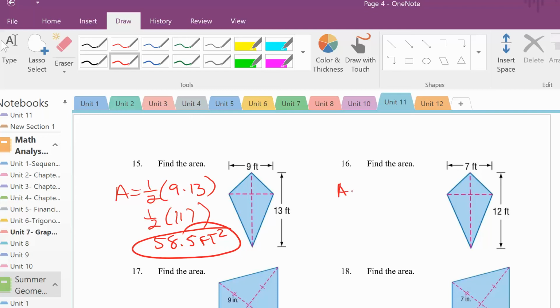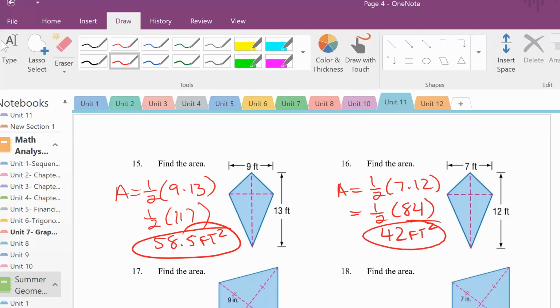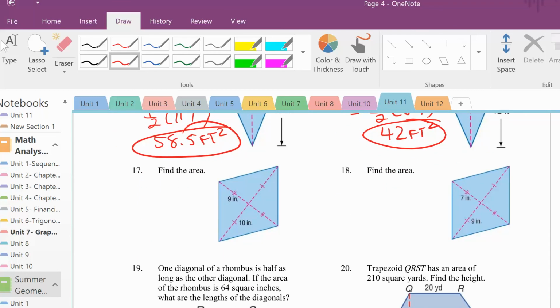The next one, the area is 1/2 of 7 times 12. So it's 1/2 of 84, which is 42 square feet. Here it says find the area. Now this is a parallelogram. Or sorry, this is a rhombus.